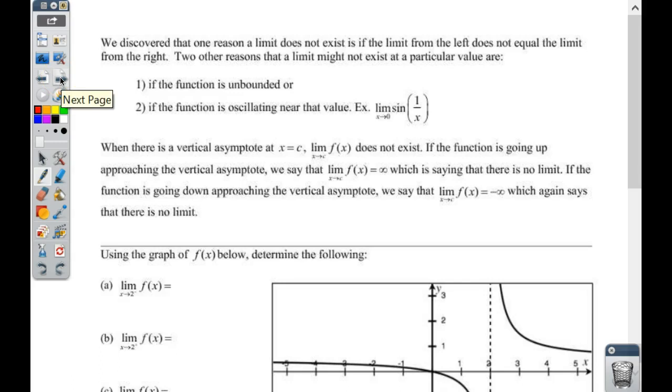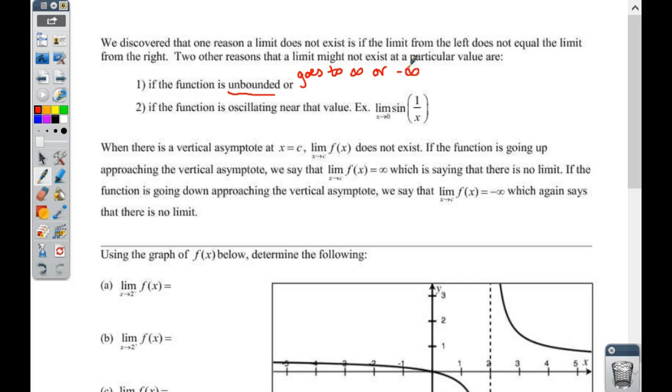There are 2 more. One of them says that the function is unbounded. All that means is that the function goes to infinity or negative infinity. Now, I do want to point something out. We have a very bad tendency as mathematicians to try to shorthand things, and then we don't explain it to our students very well, and then we get this terrible misnomer.